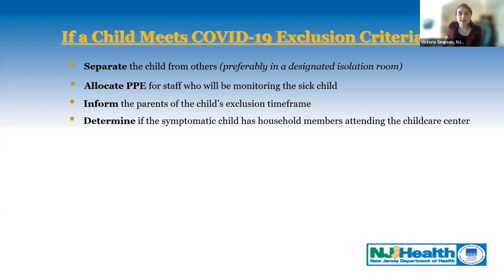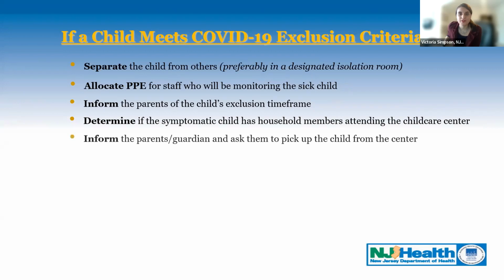Additionally, the center should make sure that the symptomatic individual does not have household members who are also within the center. If the symptomatic child does have a household member attending the center, that household member may also have to be excluded. When the symptomatic individual is sent home, make sure they are aware of the time frame that they need to be excluded from the child care center.